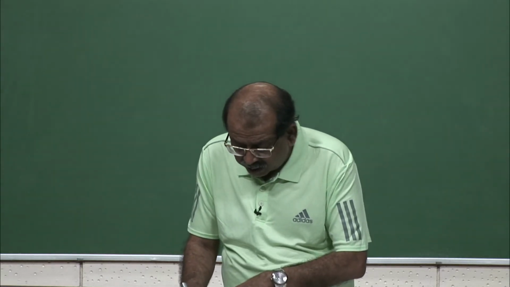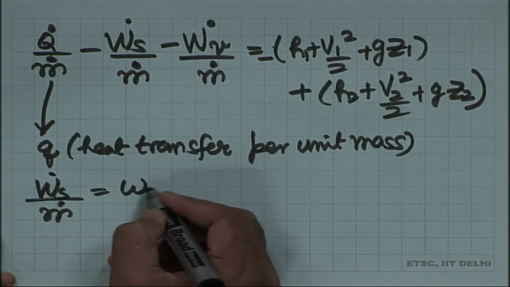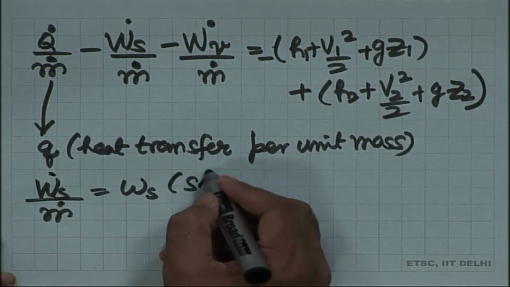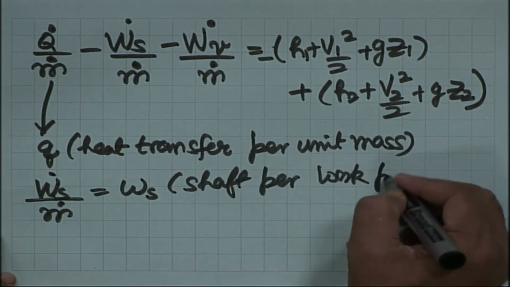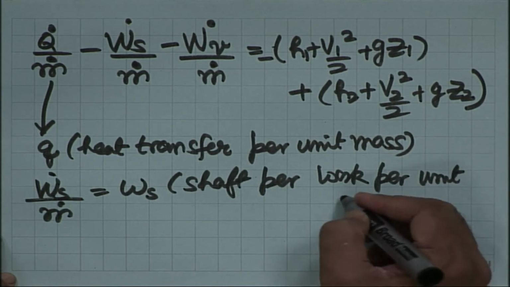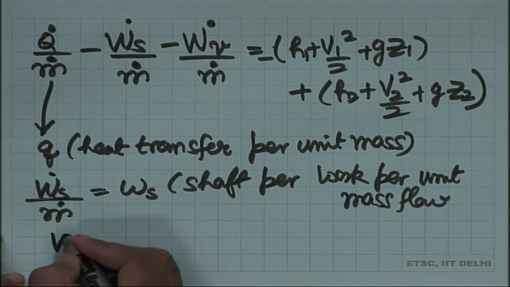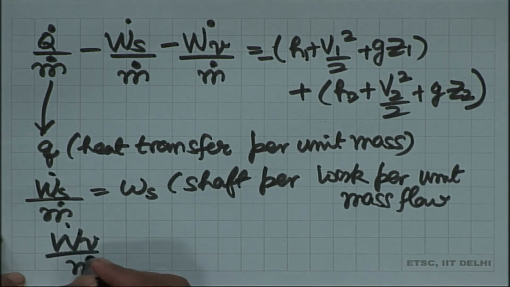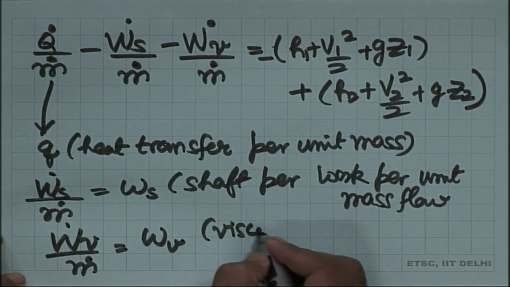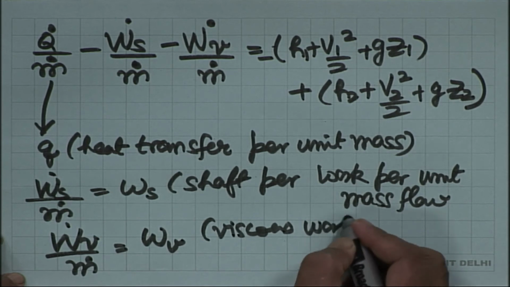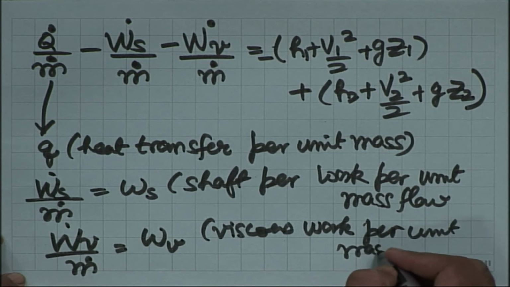Similarly, Ws dot by m dot, this is what we write with a symbol small ws, shaft work per unit mass flow, and the viscous work done again by m dot, this will be written as small wv, viscous work per unit mass flow.